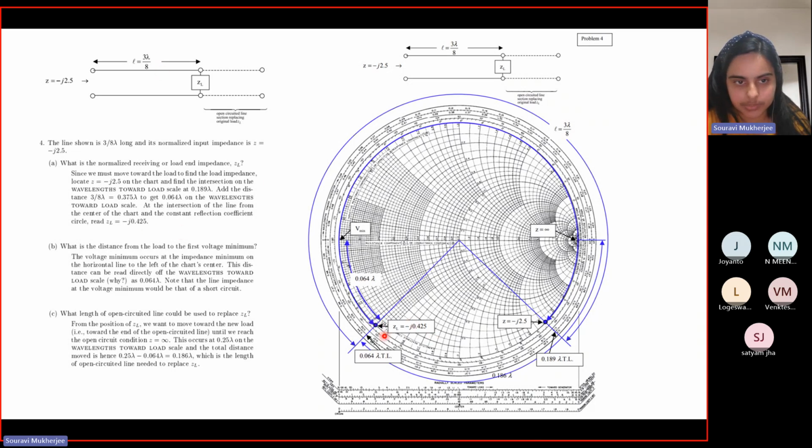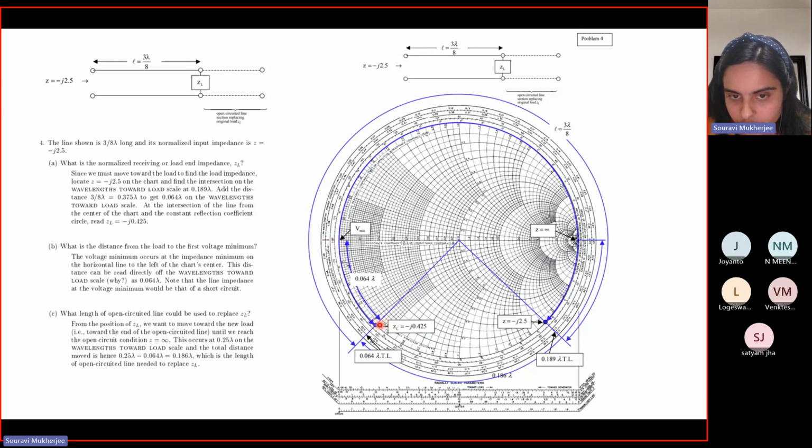Now, this is the first part of the question. Now it says, what is the distance from the load to the first voltage minimum? Here you again have to find the distance from the load to the first voltage minimum, which is along this line, wherever it cuts the line. So this point. Once you get used to using the Smith chart, you would see this point corresponds to the 0 point on the wavelength towards load scale, right?